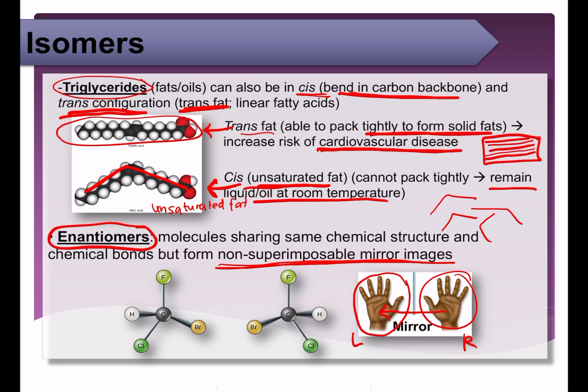But if you were to move this C on top of this C, the C's would align with each other, the F's would align with each other, but the bromine would end up with the hydrogen, and the hydrogen would end up being on top of the bromine. So that's why these two molecules are not exactly the same as each other, but non-superimposable mirror images of each other that we call enantiomers of each other.